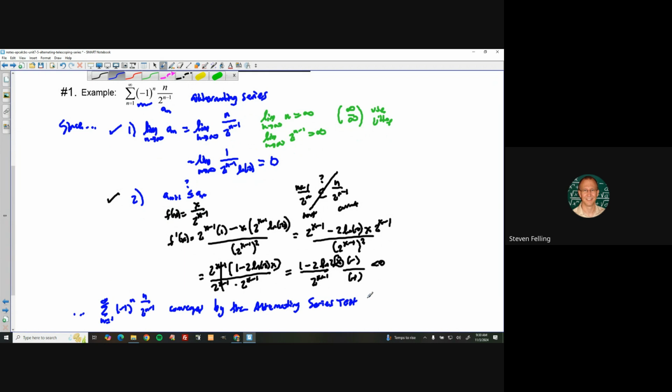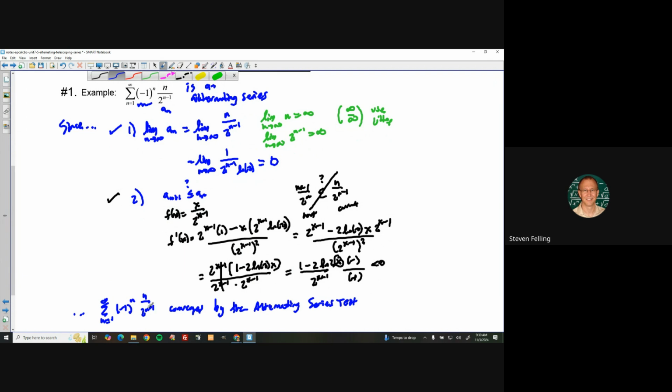Or if you want, you can say, since the limit as n approaches infinity of a_n is 0 and a_(n+1) is less than a_n, the series converges. All right, so that's how it works. Real straightforward. You just identify that you have an alternating series. I know their rubrics will say this is an alternating series, and then they'll show the work.